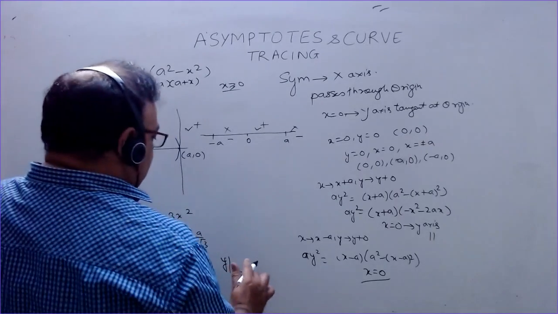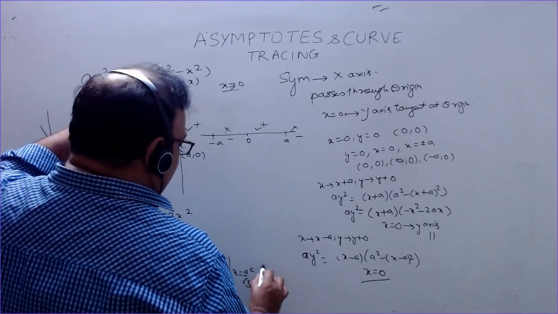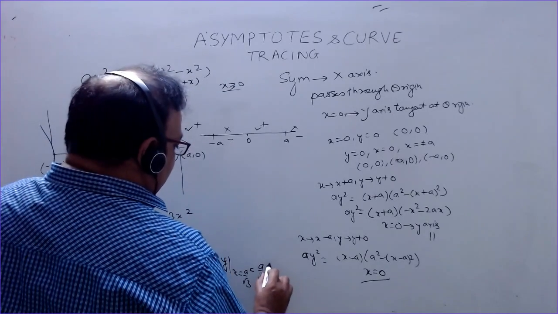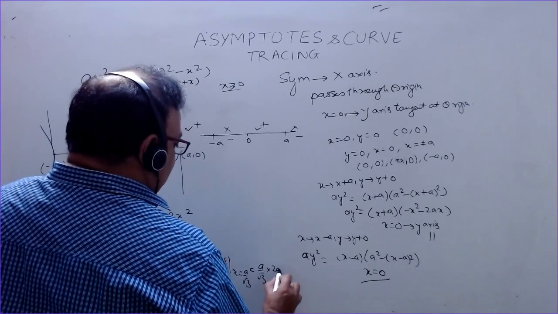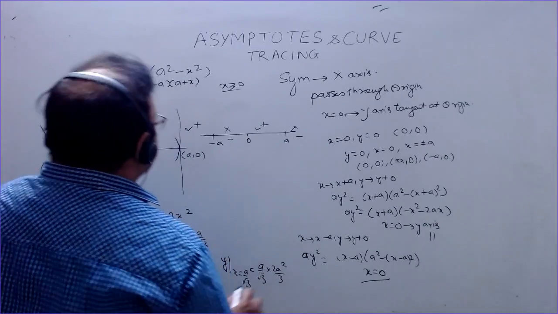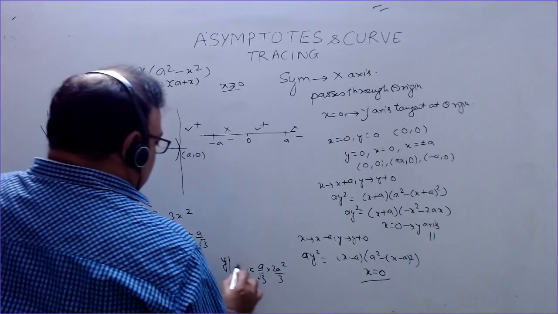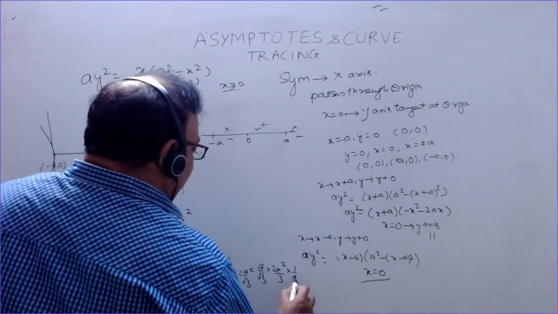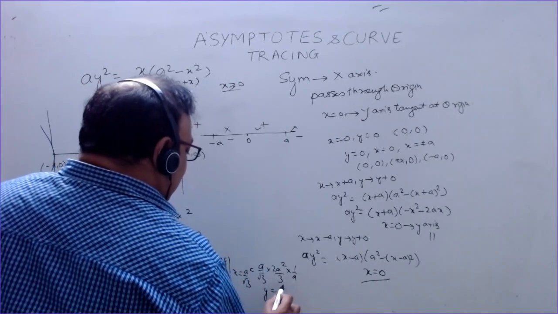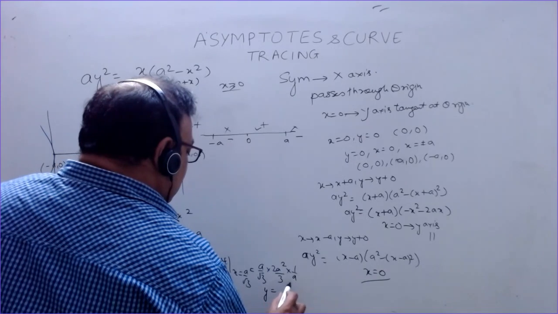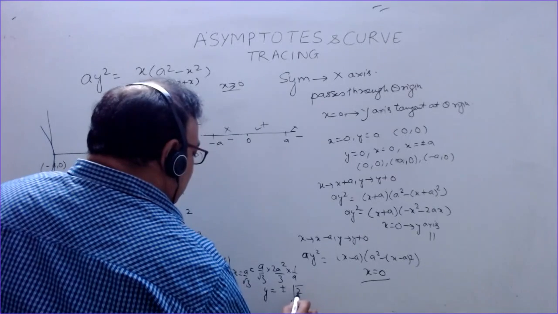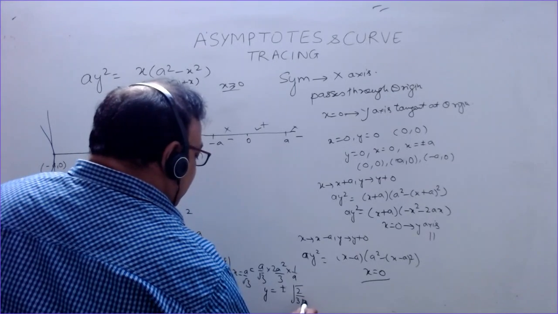So this is equal to a by root 3 into a square minus a square by 3, that is 2a square by 3, equal to a y squared into 1 by a. So y is equal to plus minus under root of 2 by 3 root 3 a.